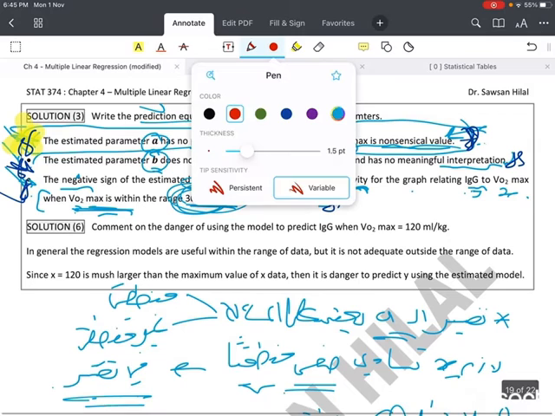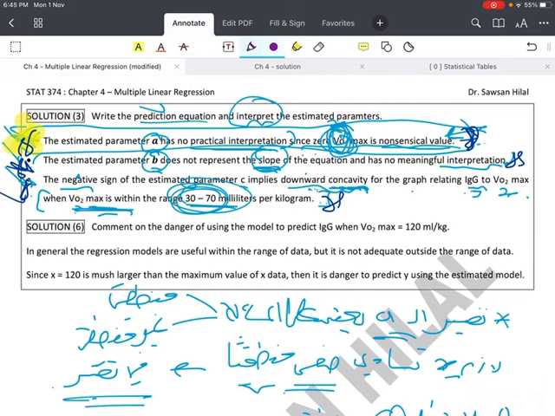You will see, in general, the regression model is useful within the range of data.